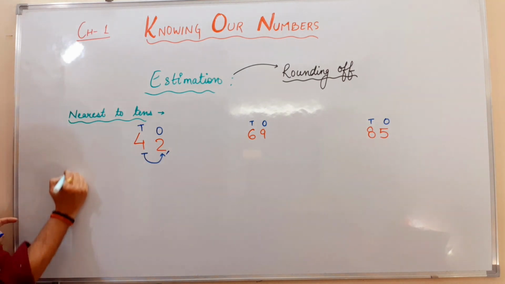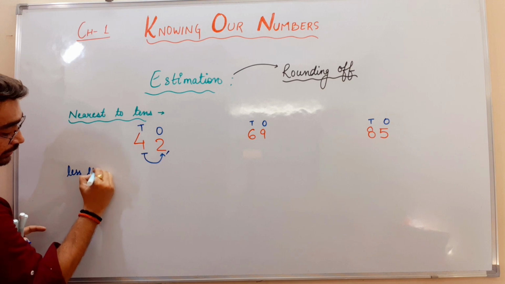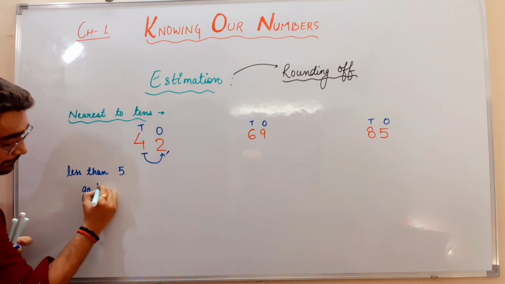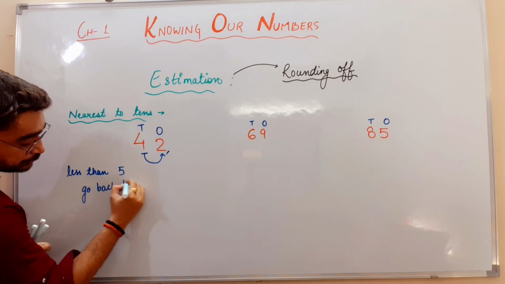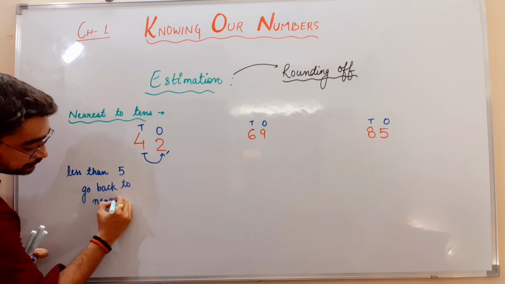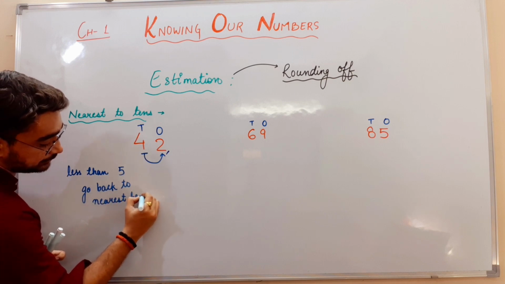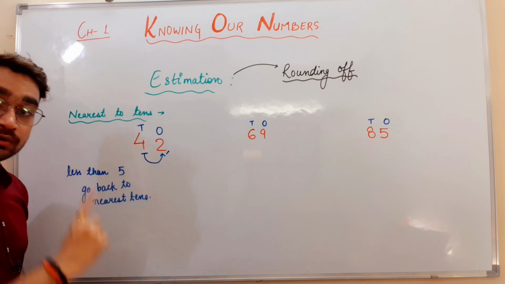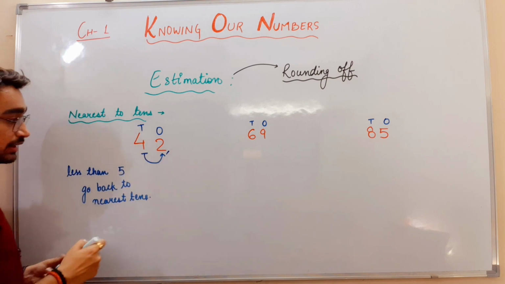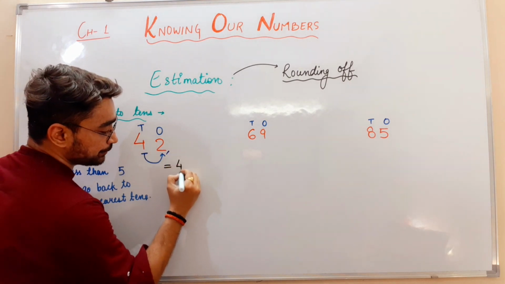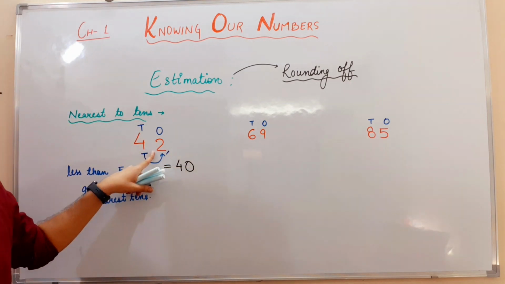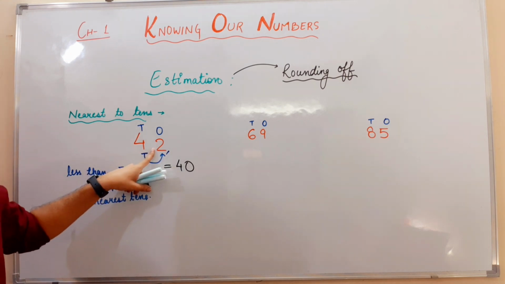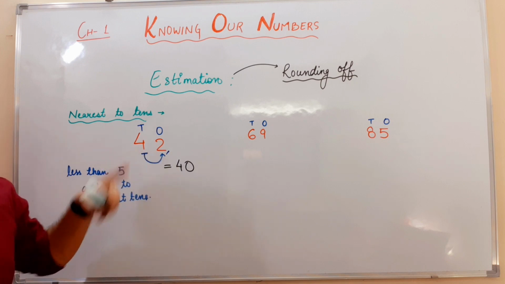If the number is less than 5, go back to nearest tens. Go back to nearest tens means, what is the nearest tens to 42? Go back means the answer will be 40. Or I can say that if the number is less than 5, on the ones place simply put a 0 over that place.